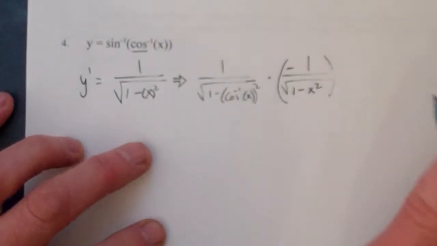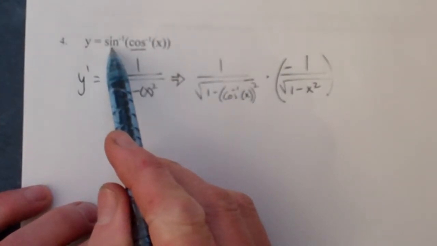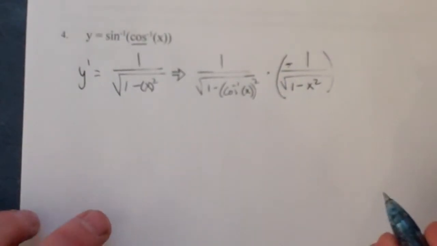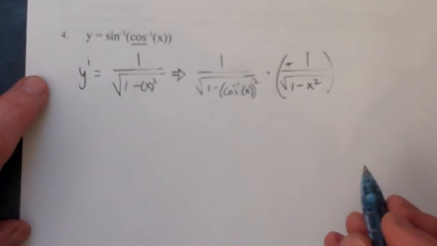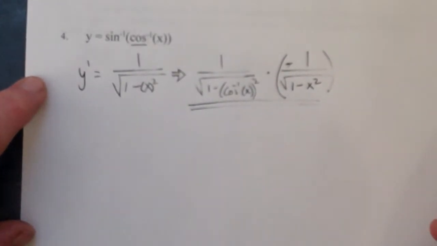So the big difference between the inverse sine derivative and the inverse cosine derivative is just that minus sign there. Okay, so I would leave it like that. Okay, and call it a day.